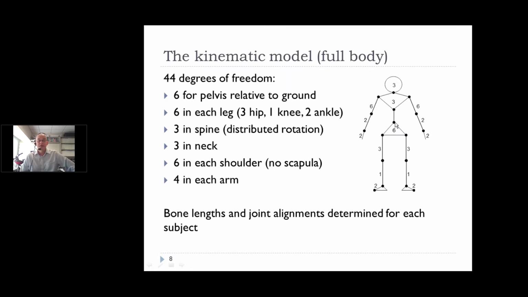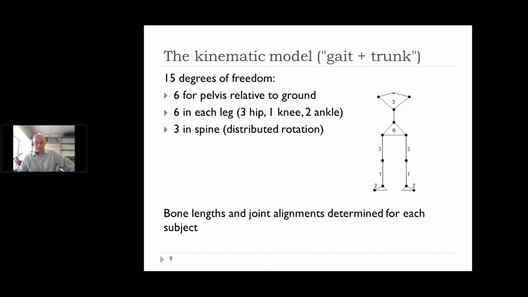And the 3 rotations are distributed between those 2 joints. Then 3 in the neck, and then shoulder has 6 degrees of freedom. There's no scapula, and then 4 degrees of freedom in each arm. And what we do is, when you use the human body model for a specific patient, all these bone lengths and alignments of all these joints are determined for that specific subject.